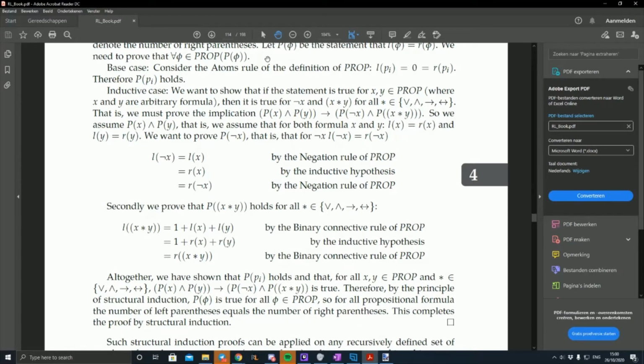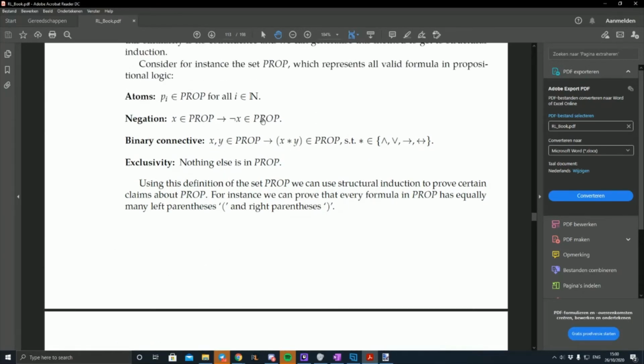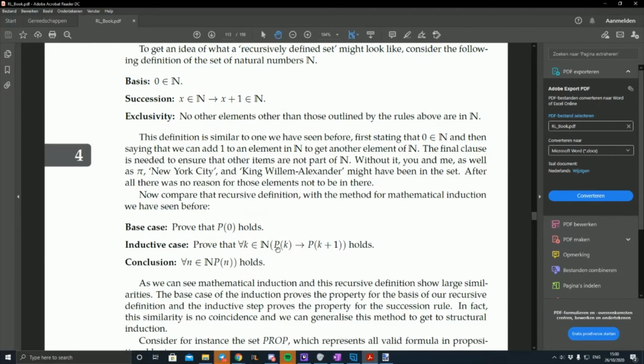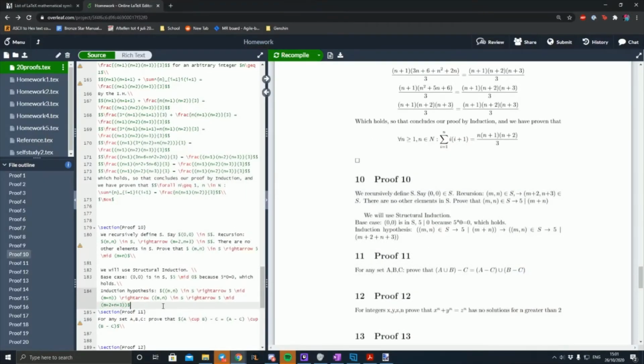We want to show that if the statement is true for P, then it is true for... I think there is one before that, because the one with prop is a bit strange. Okay. Prove that P holds. Prove that for every element in the set, if P of k, then P of k plus 1. Yeah, okay, we'll take that notation. That's good.